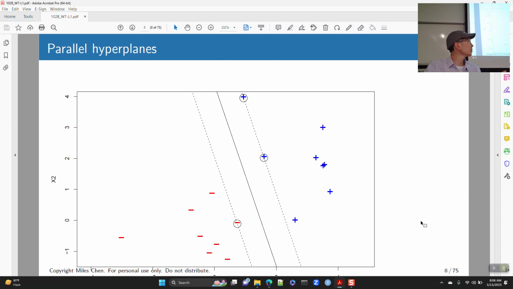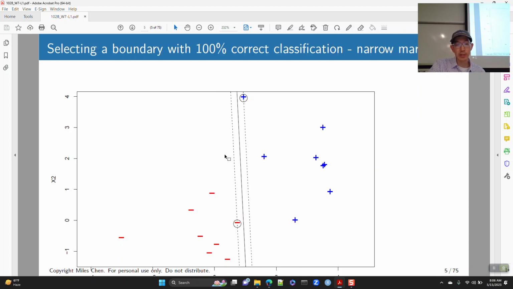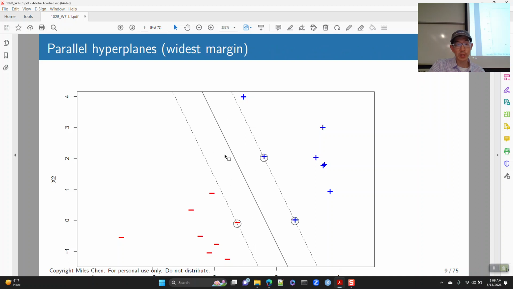Okay, and I can keep rotating and angling the boundary a little bit, and we can see the margin between this dashed line and this dashed line gets wider and wider, right? So this is narrow, this is wider, and this is going to be the boundary with the widest margin.